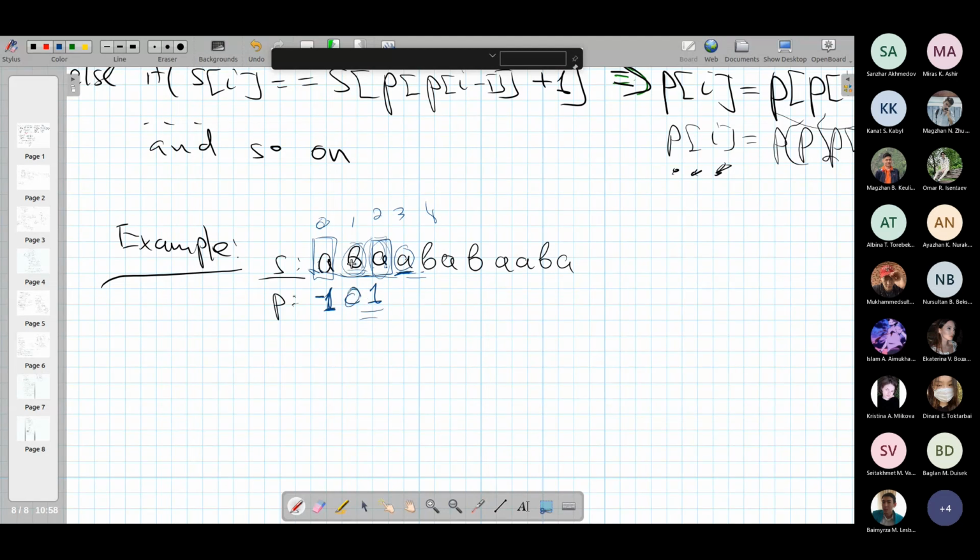P of 0 is equal to, oh, it's actually 0 now, right? P of I minus 1. So I equals 3 here. P of I minus 1 is equal to 1. So this is P of 1.